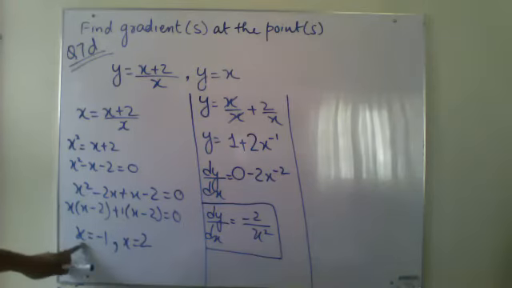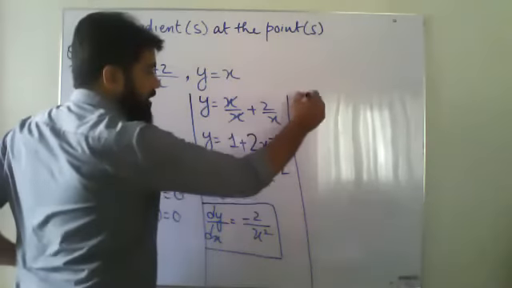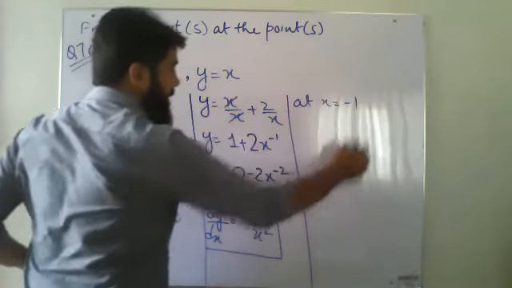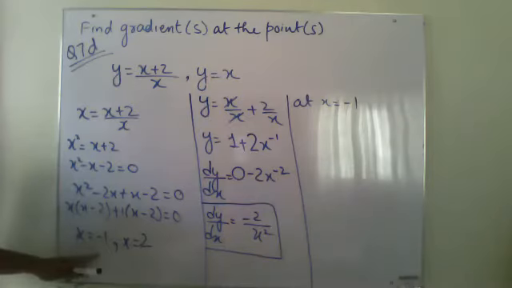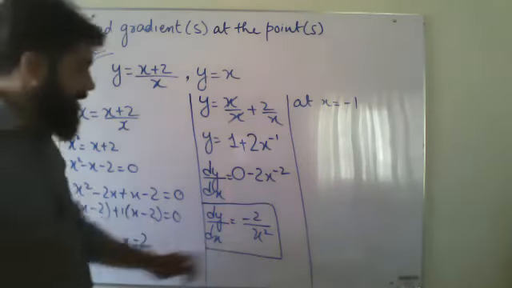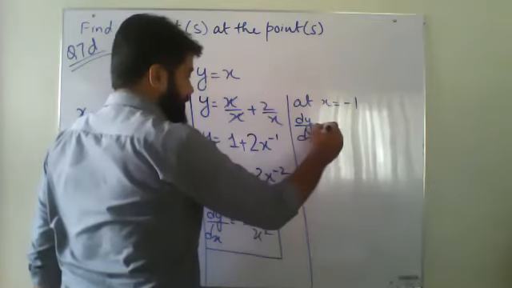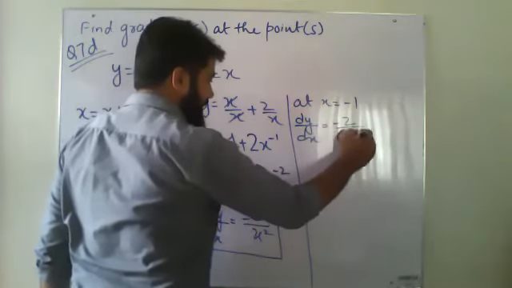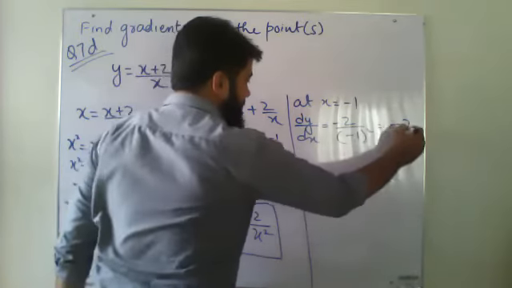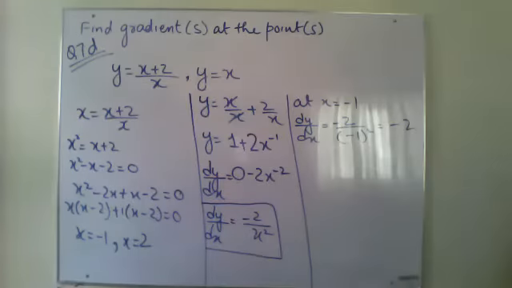Now at x equals to minus 1, my first value, I'm plotting it over here. Dy over dx equals to minus 2 over minus 1 whole square. Simplified, it will become minus 2.